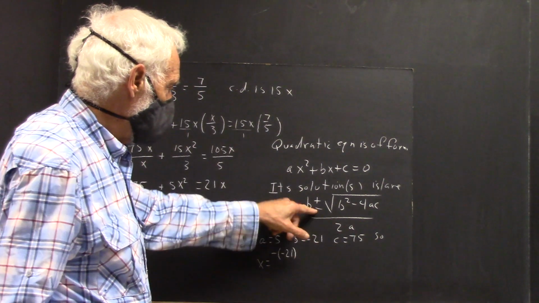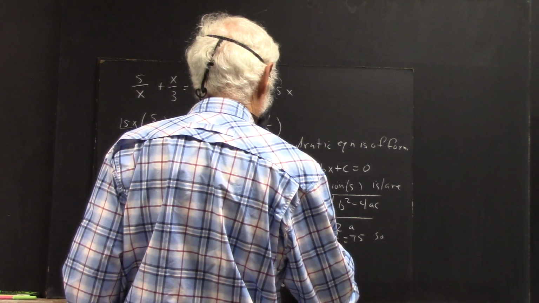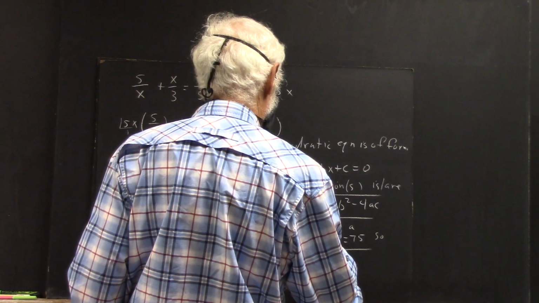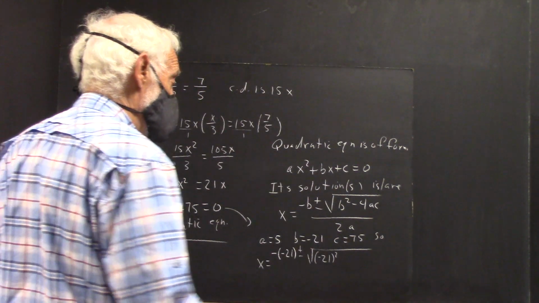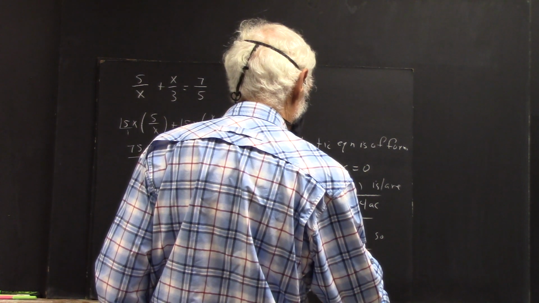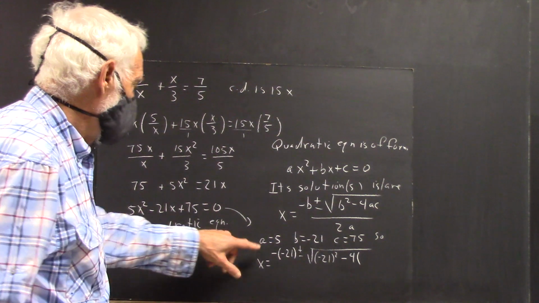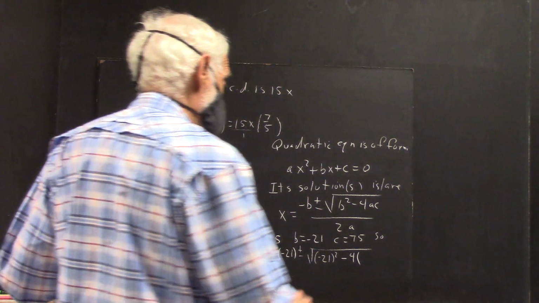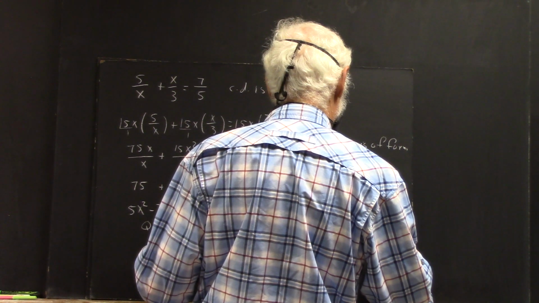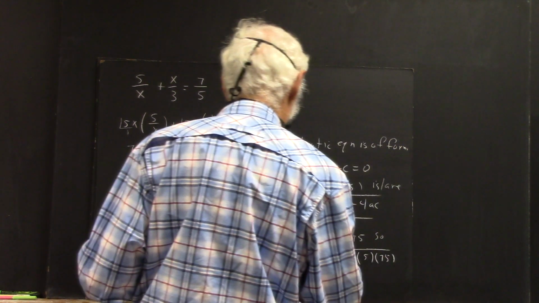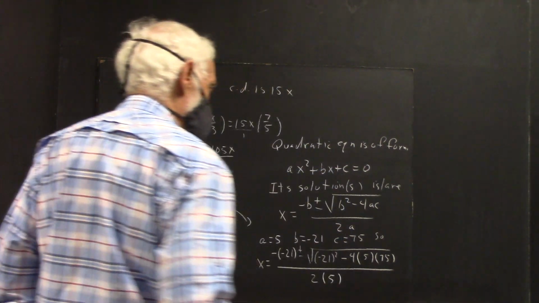We just plug in negative 21 for b, plus or minus the square root of b squared, that's negative 21 squared, minus 4 times a, which is 5, the number in front of x squared, times c, which is 75. All that divided by 2a, a being 5, it's 2 times 5.